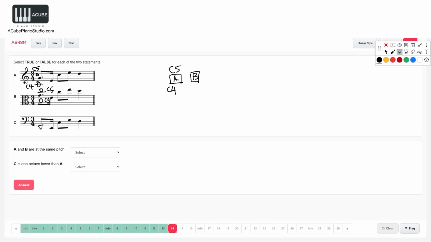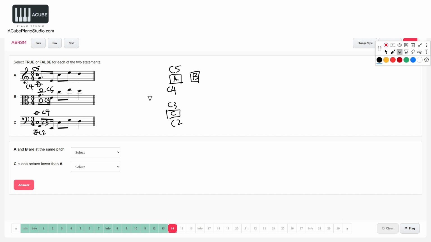Okay, now let's take a look at this. So this one is middle C, C4. This one is C3, 1 octave lower than middle C. And then here it's C2, which is 2 octaves lower than middle C. And you notice the first note here is in between C2 and C3. So option C is here.